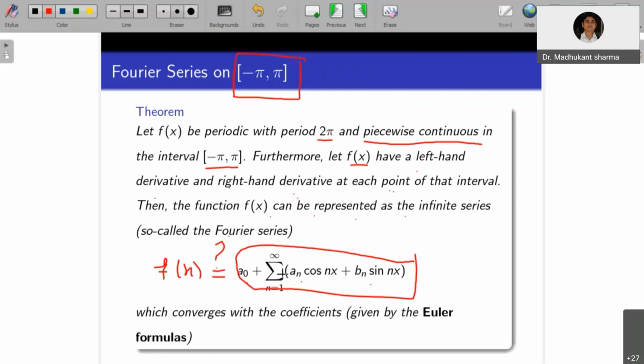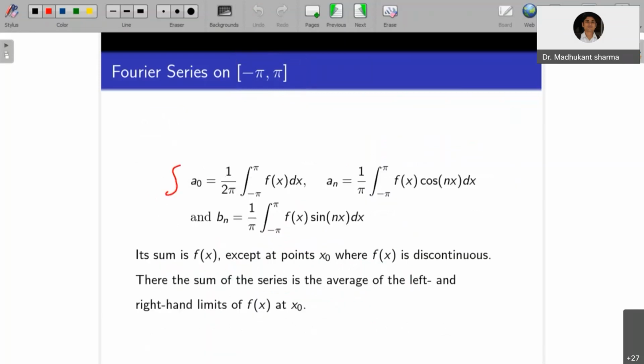So a naught plus summation n equals 1 to infinity of a n cos nx plus b n sin nx converges, with the coefficients given by the Euler formulas. Here are the formulas. How they have arrived, I will discuss after completing this result. So its sum is f of x.